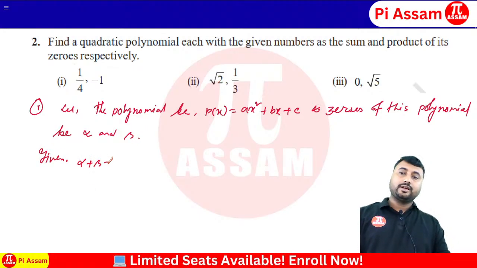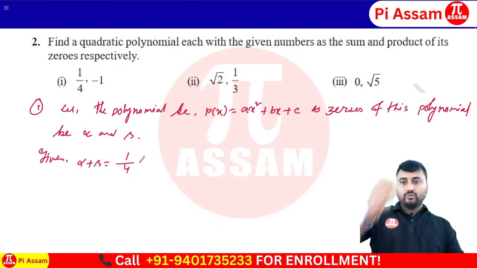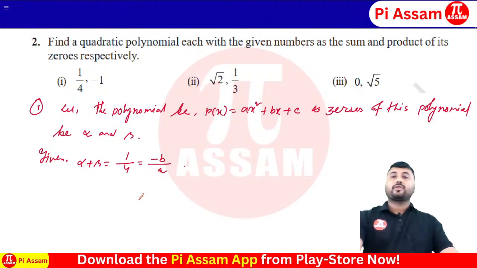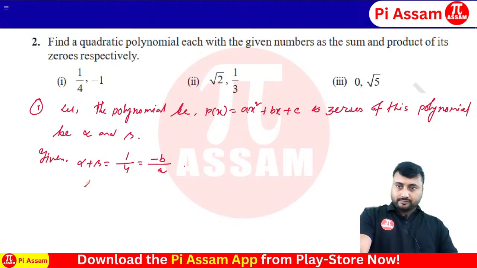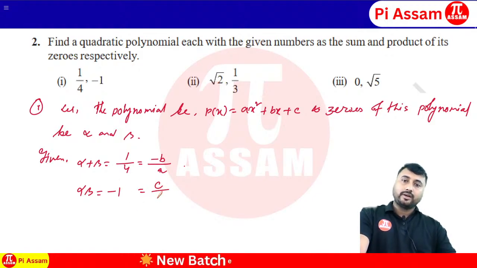So given alpha plus beta is equal to 1 by 4, which we can write as minus b by a, and alpha into beta is equal to given minus 1. Our relation is constant term by a.